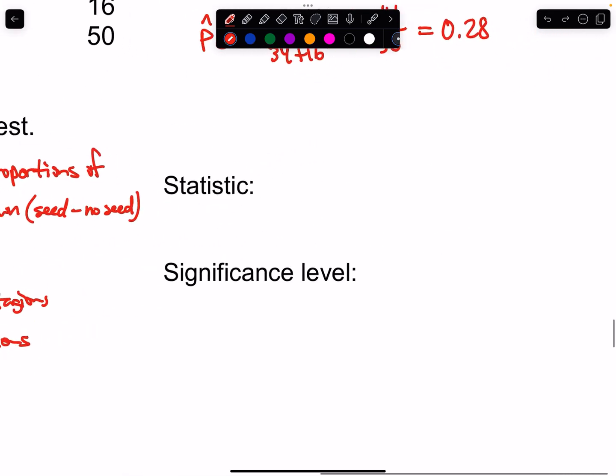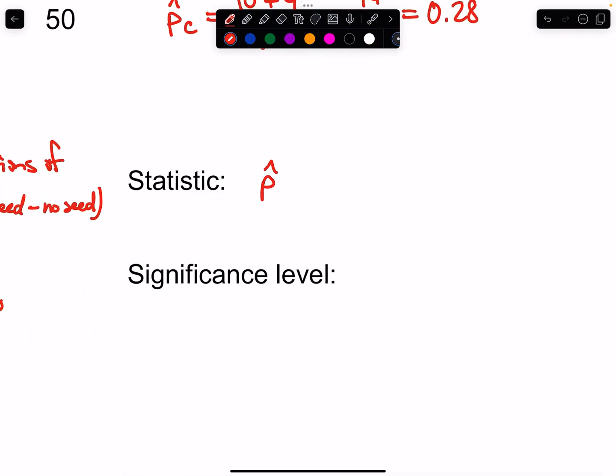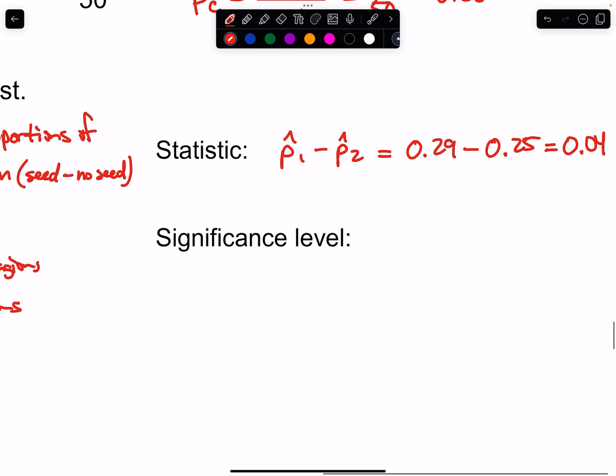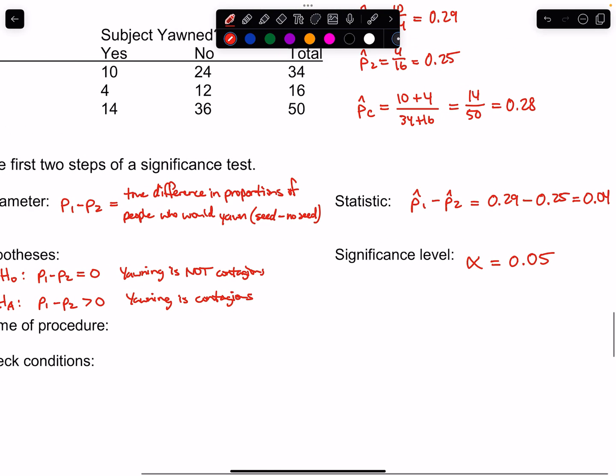So our statistic was our p hat 1 minus our p hat 2, which was our 0.29 minus 0.25, which was our 0.04. And our significance level, we're just going to say alpha is 0.05. Again, unless told otherwise, that's kind of the standard.